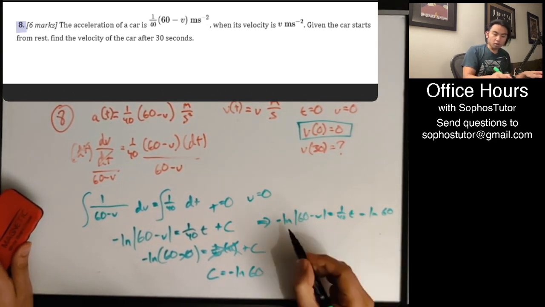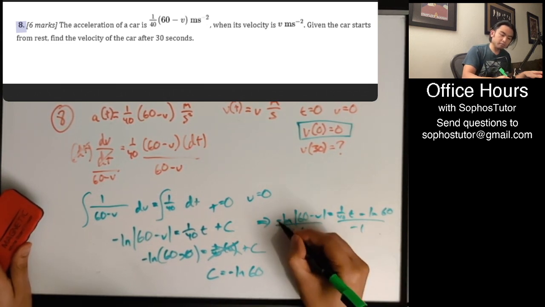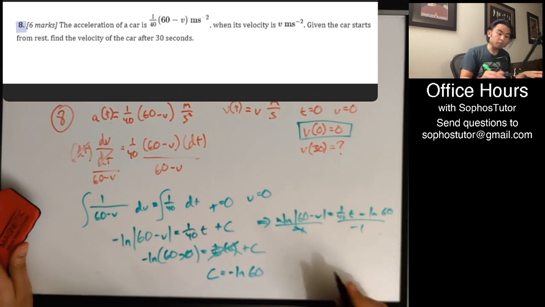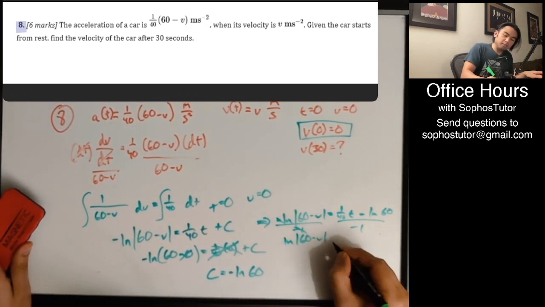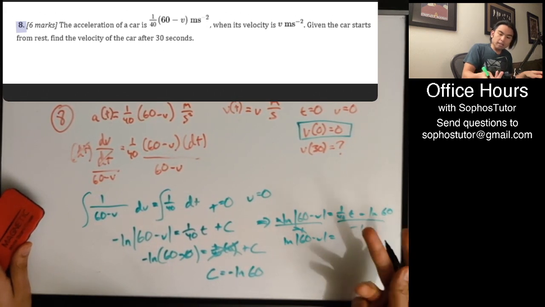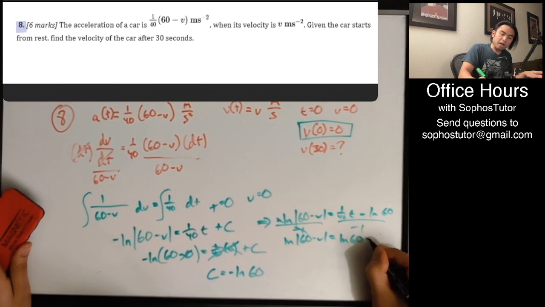Okay? We're going to need to divide both sides by -1 to cancel out the negative. I realize I am running out of room. Natural logarithm of absolute value of 60 minus v. These can switch around, so we're going to get the natural logarithm of 60 minus 1 over 40t.